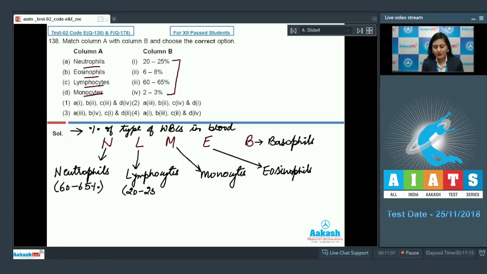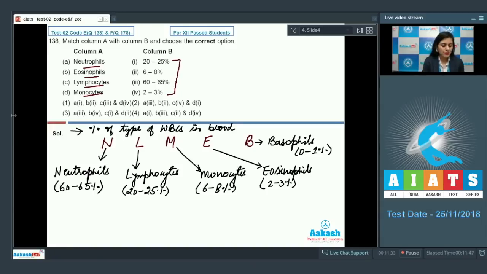Lymphocytes are 20 to 25%, second abundant cells, followed by monocytes, which are 6 to 8%, then eosinophils, which are 2 to 3%, followed by the least abundant cells, basophils, which are 0 to 1% of WBCs in blood.